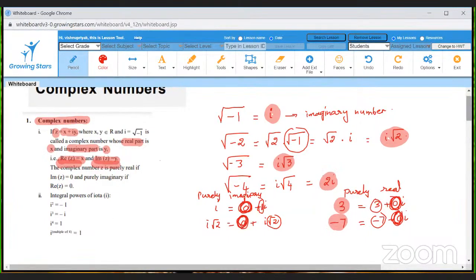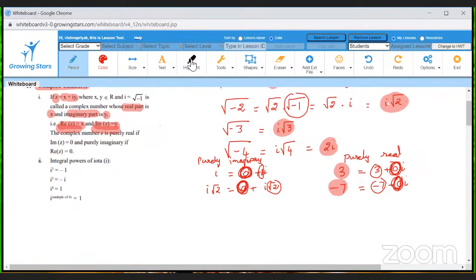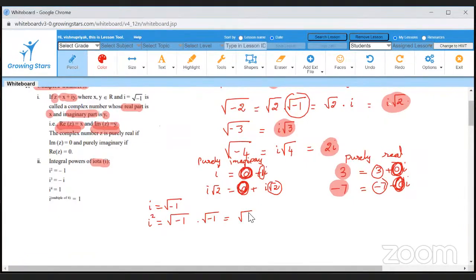The next formula tells us this i is called iota. Because i is square root of minus 1, i squared will be square root of minus 1 into square root of minus 1, which will be square root of 1, which is 1.